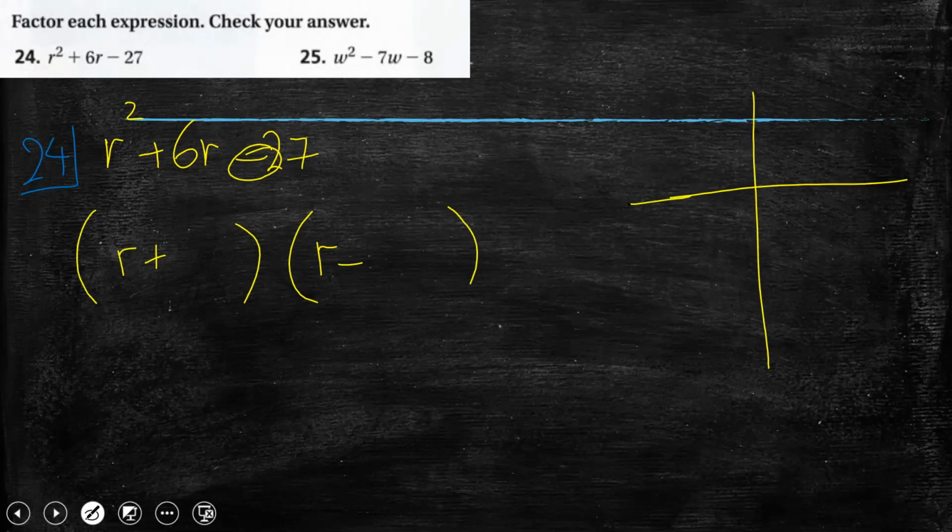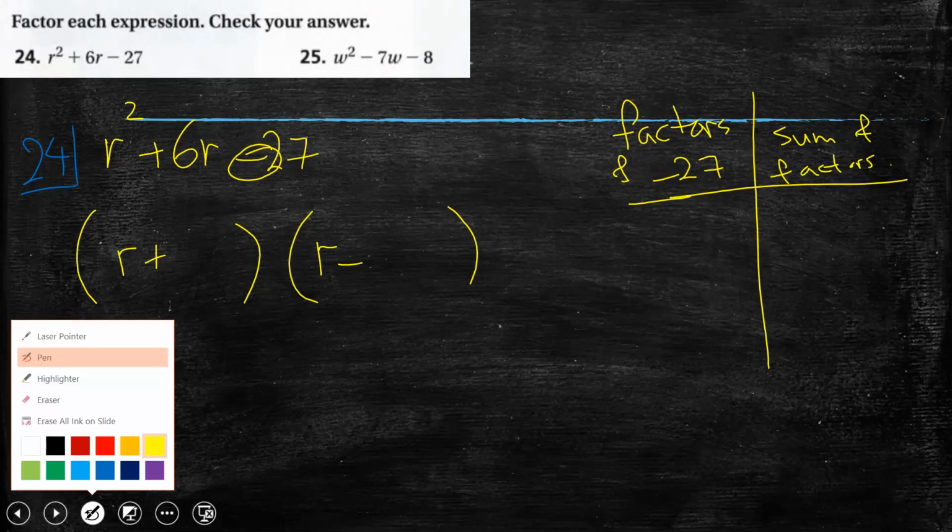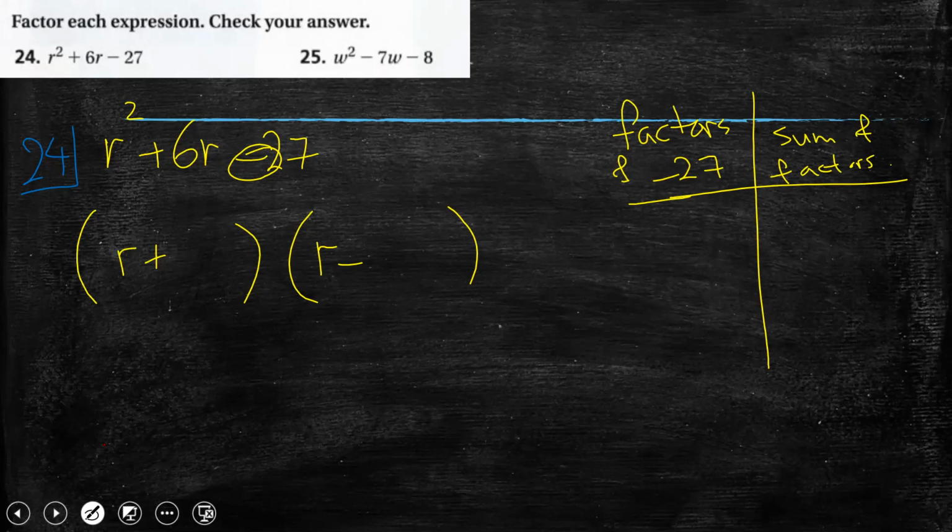Then I will make a table. In this table, I will write the factors of negative 27 and the summation of the factors. Factors of negative 27: negative 9 and positive 3, positive 9 and negative 3.